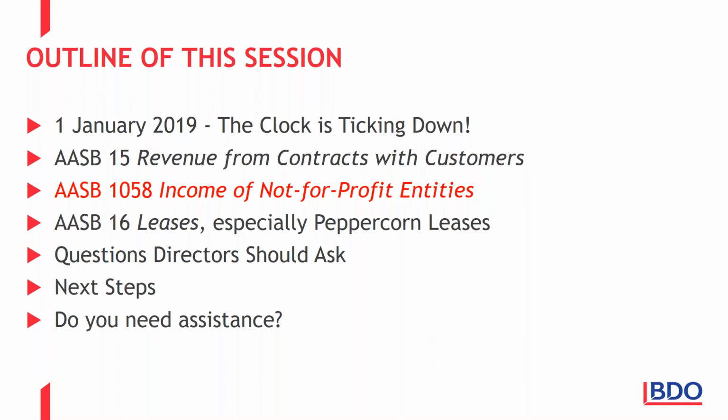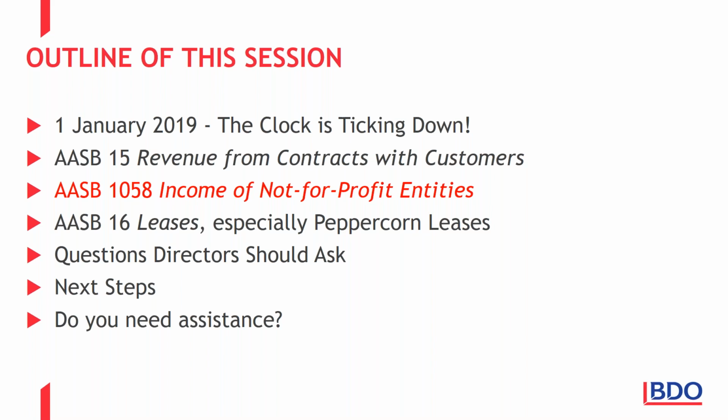And the reason why we're looking at all these standards for not-for-profit entities is whenever we speak to not-for-profit entities, although the conversation often starts with AASB 1058, it very easily changes to a discussion around all 3 of these new standards. Then we'll have a discussion around questions directors should ask.